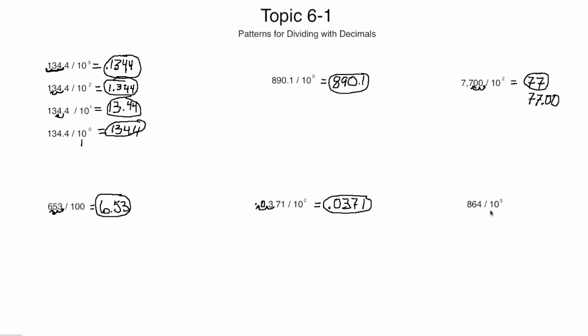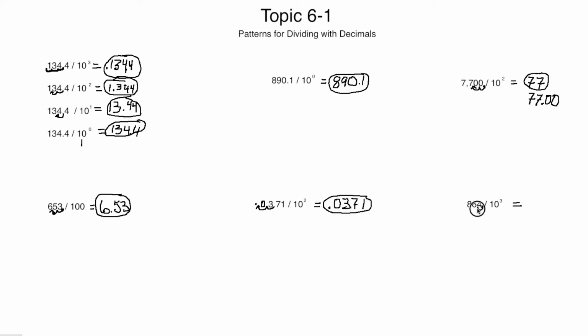All right, now the last one, 864 divided by 10 to the 3rd power. Go ahead and stop. Try to solve this one by yourself. Okay, so we're dividing 864 by 1,000 over 10 to the 3rd power, which means 3 butt cheeks. Here's the whole number. The decimal is to the right of the ones place.